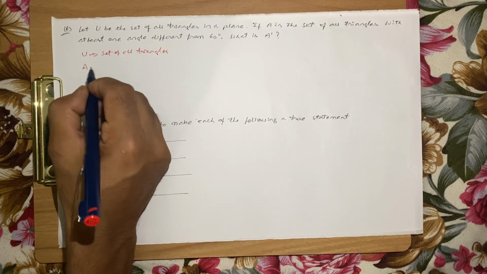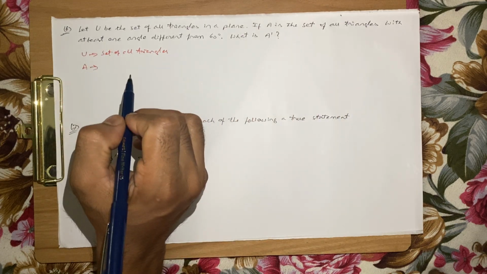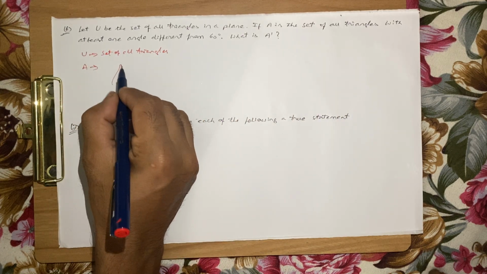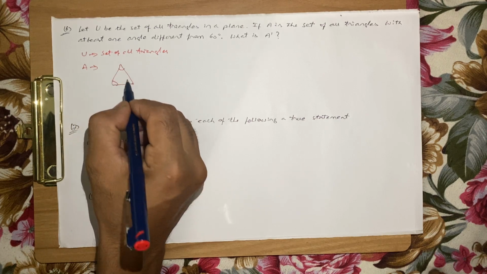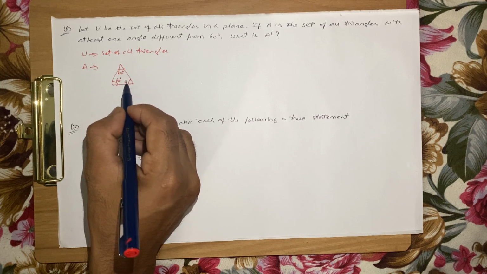And there is a set A, which is the set of all the triangles with at least one angle different from 60 degrees. A triangle has three angles, and if all three angles are 60 degrees each, then it is an equilateral triangle.